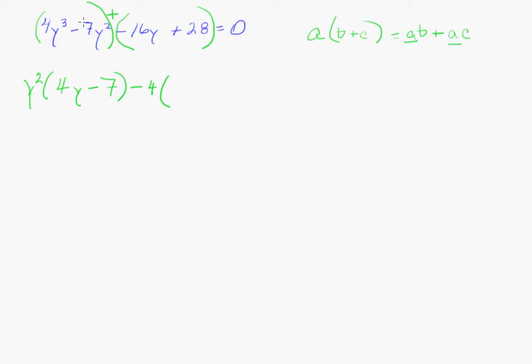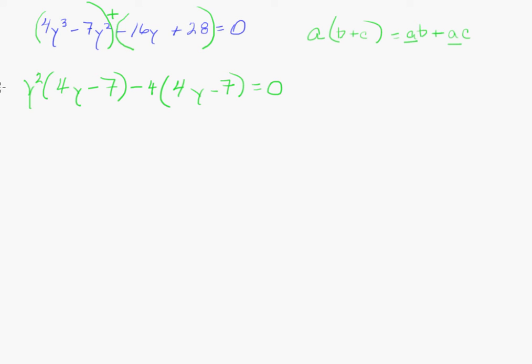Anyway, when we have this negative in front, and the highest power here is leading with a negative, we've talked quite a bit about how you want to factor out a negative sign. And so now if I have factored out that negative 4, it's going to leave me a positive 4y minus 7 in the parentheses. So if I multiplied this all back out, I'd get back to this blue polynomial.